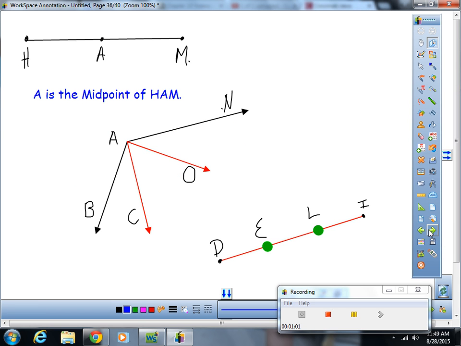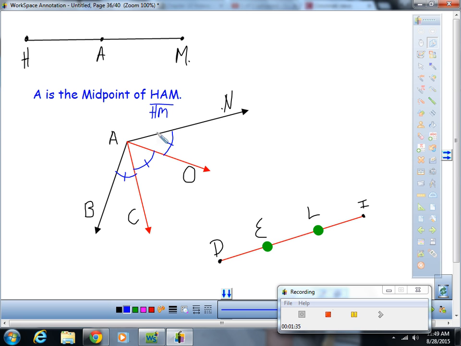All right, so here, point A has bisected segment HM. Okay, and so that means that A is the midpoint of HM, or ham. Okay. Down below, you'll see that ray AC and ray AO, if I indicate that these angles are all congruent with tick marks, that those rays have trisected angle BAN.